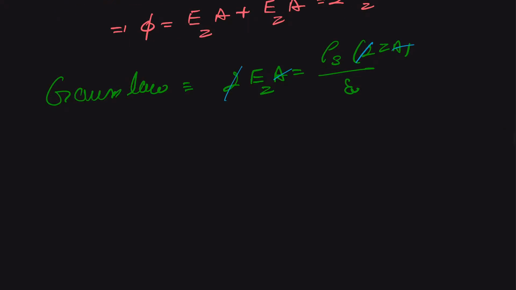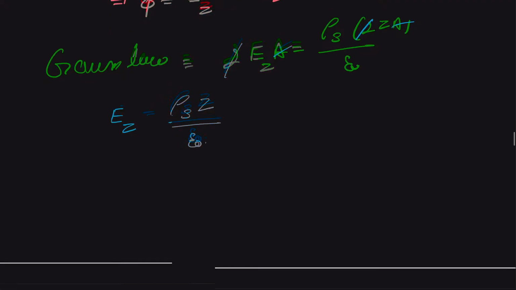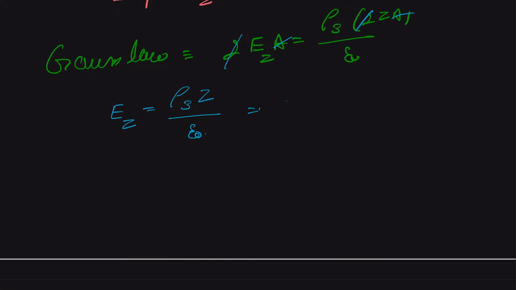Therefore, we get that our electric field is equal to ρ3 times z upon epsilon naught. In vector form, it is not a big issue because it is only in the z direction. So we get the vector form as ρ3 z upon 2 epsilon naught, times the z unit vector.